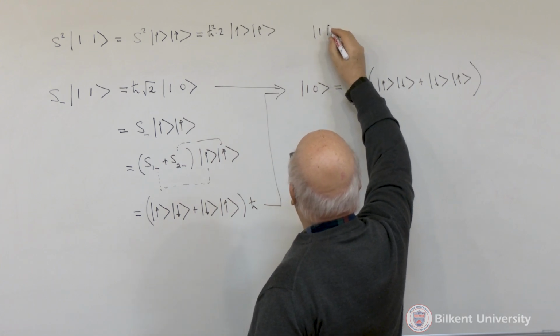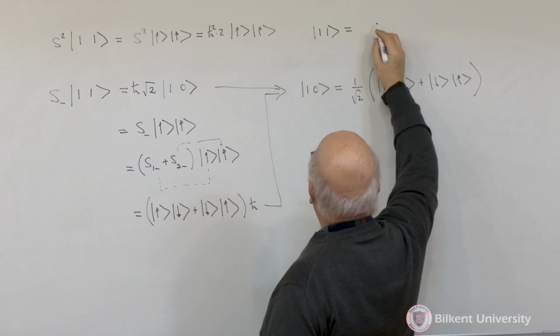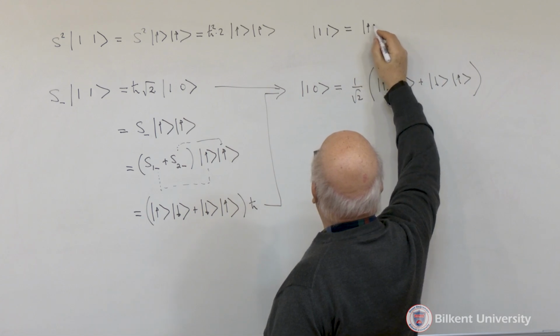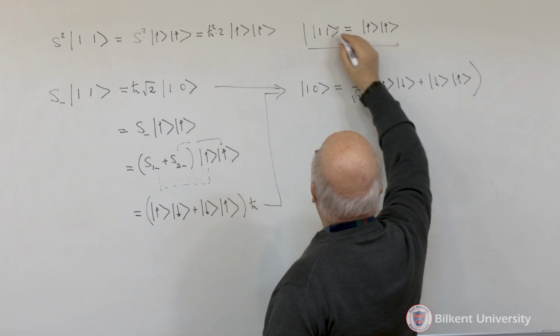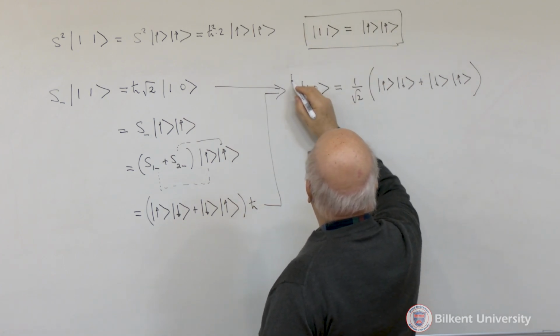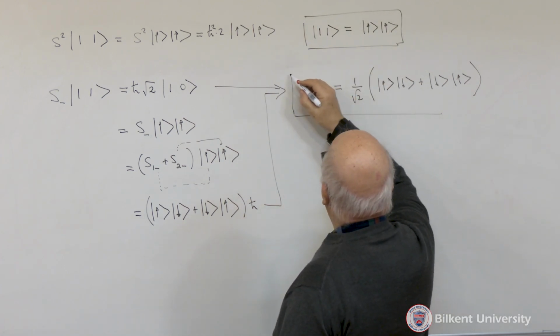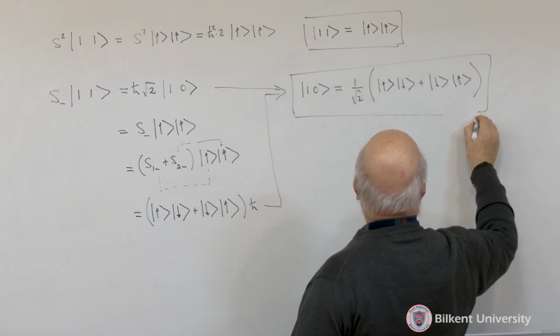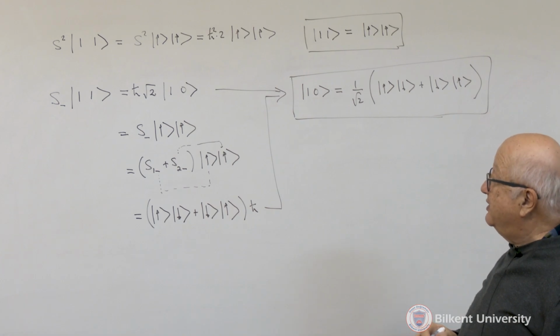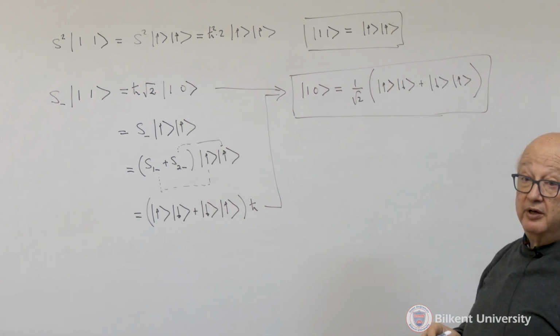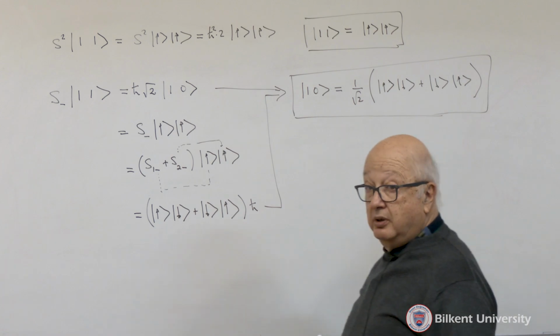So 1, 1 is just up and up. 1, 0 is this guy. Okay, so I can play this game one more time to get 1, minus 1. Sure.